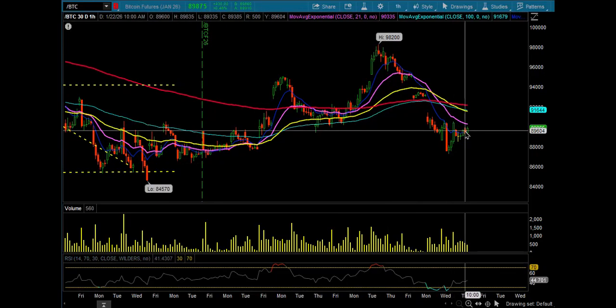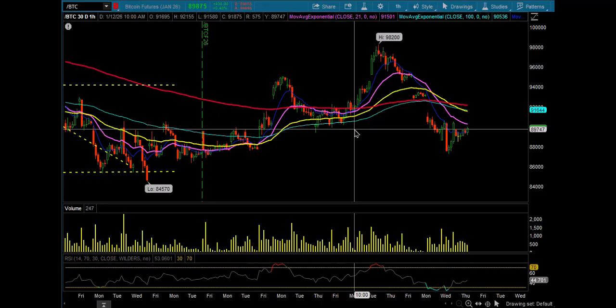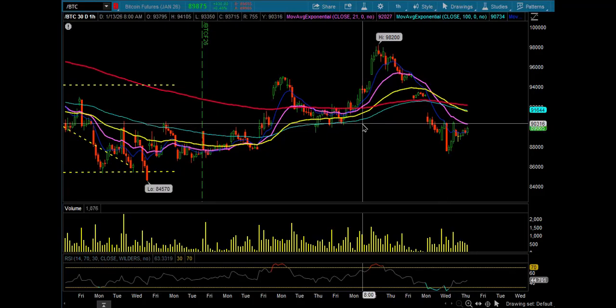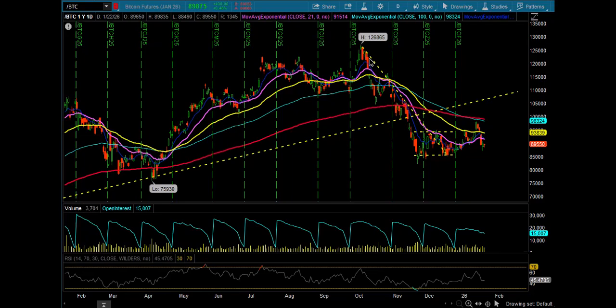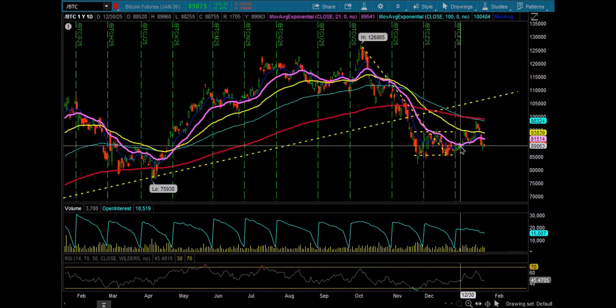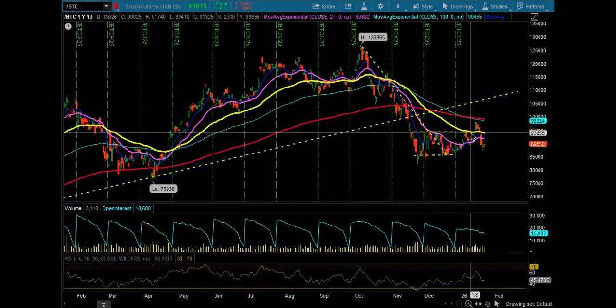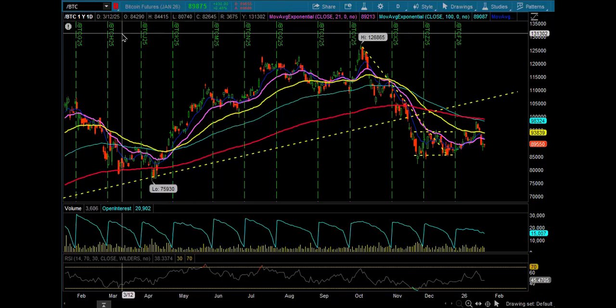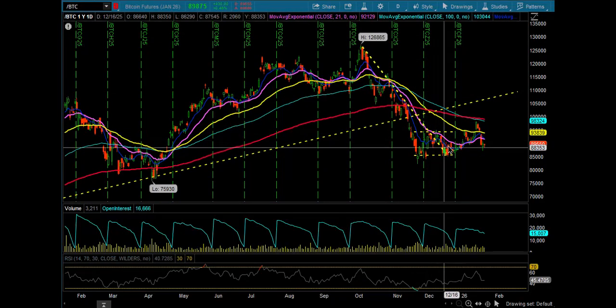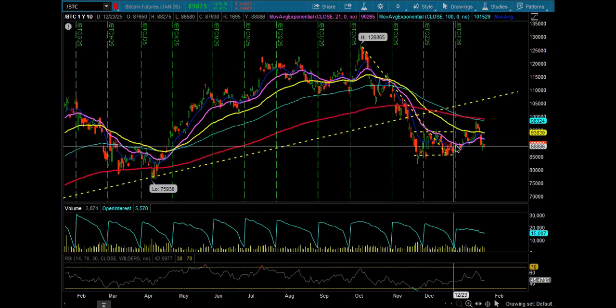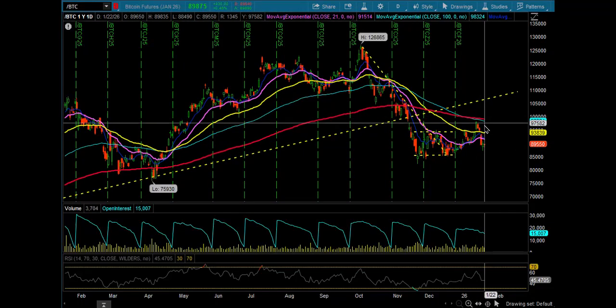Now it's trading almost sideways, and accordingly the chart is similar to MSTR. MSTR has a slightly different chart, but it is now trading in a base that has been forming since October, which is a solid base. Hopefully it will try to punt from here to the 200-day moving average, which is at 99,000.